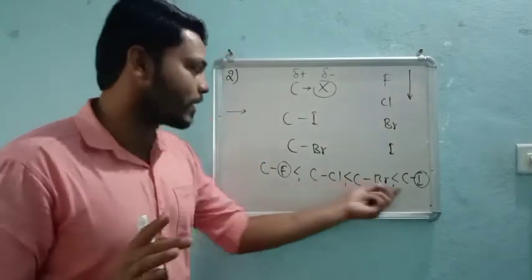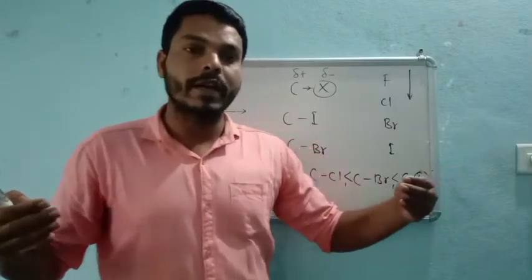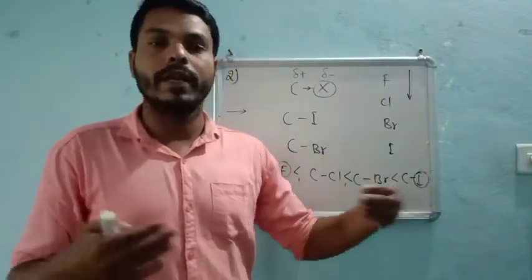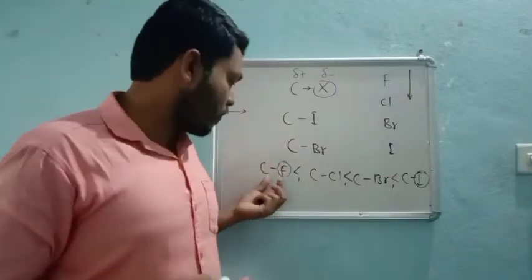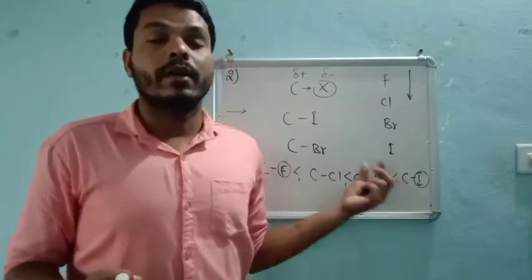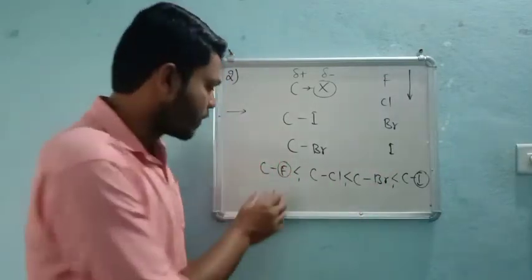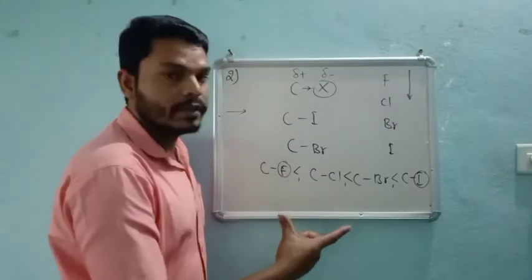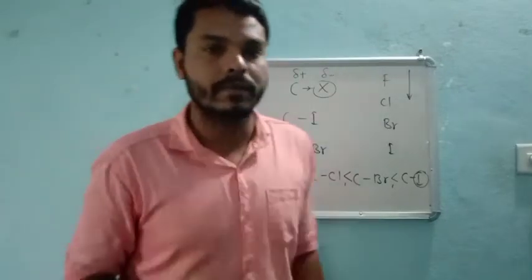Right? See, now what happens is, as the size between carbon and the halogen increases, the halogen moves away and away from the carbon, so the bond between the carbon and the halogen goes on increasing. See, imagine I will give you two sticks, right?